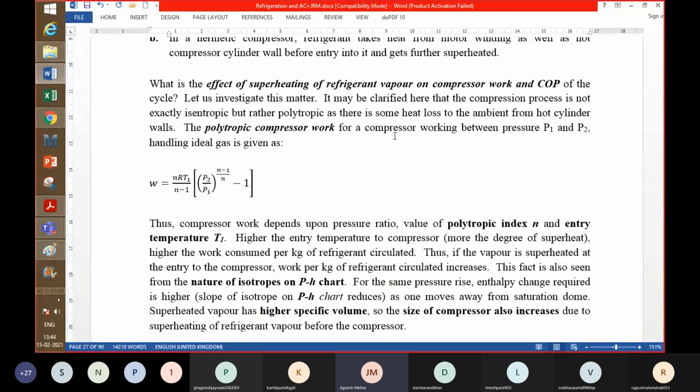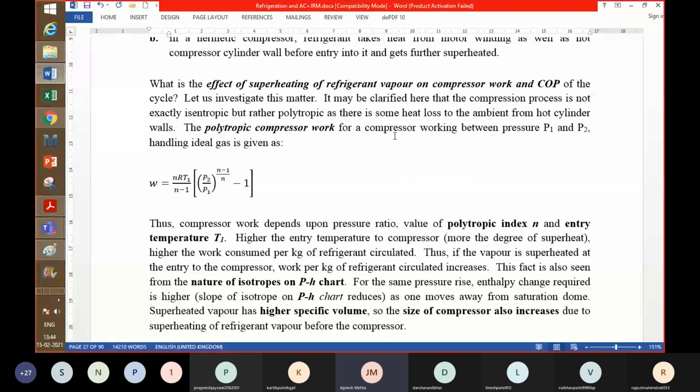It was 56 degrees Celsius, even in winter; in summer it would go much higher. So if you touch the body of that compressor cylinder, it is hot. So it means that it is in contact with the ambient, so it must be losing some heat to the ambient.